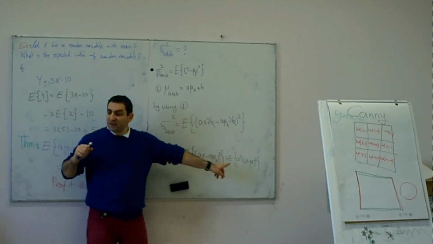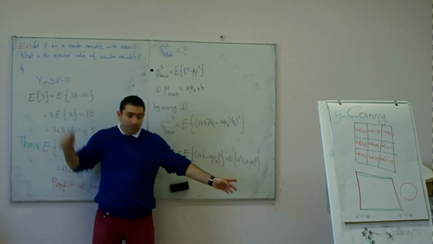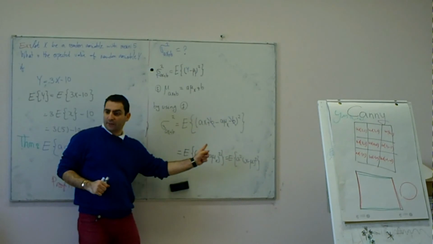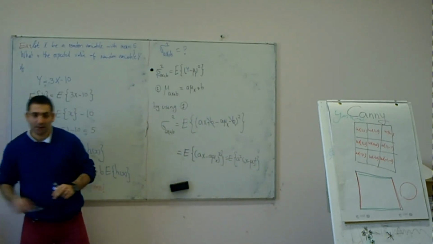Now, from the previous theorem, we know that if a constant is multiplied by a term, I put the constant out, right? a is constant.